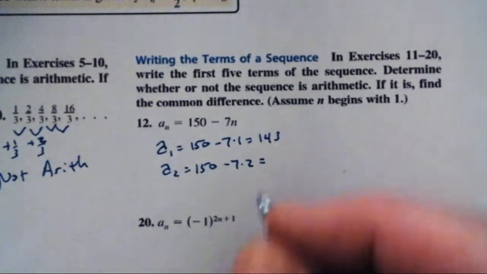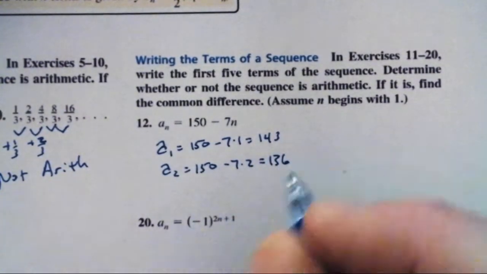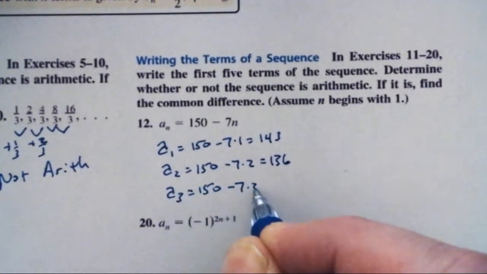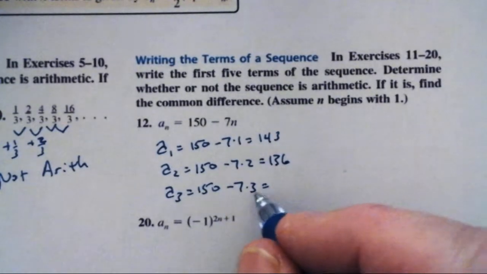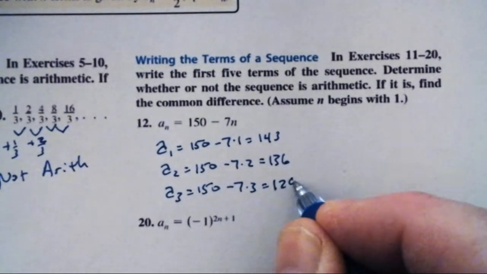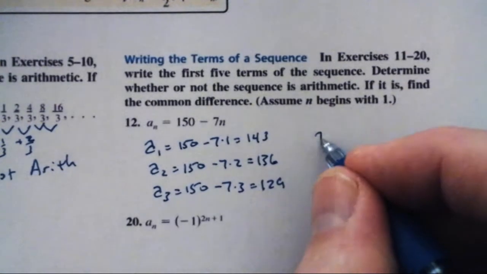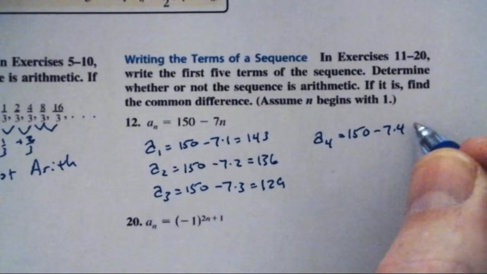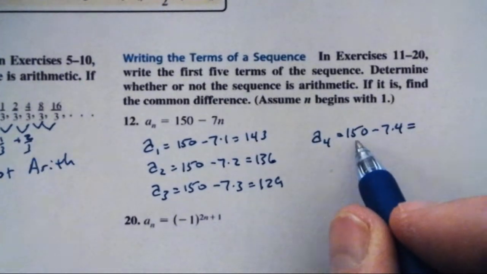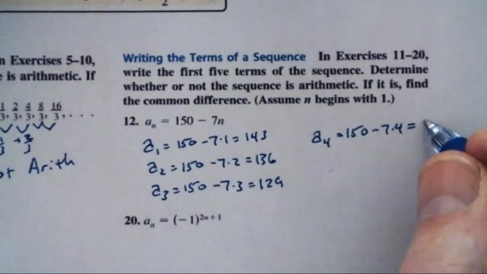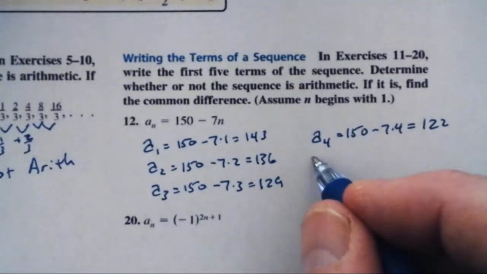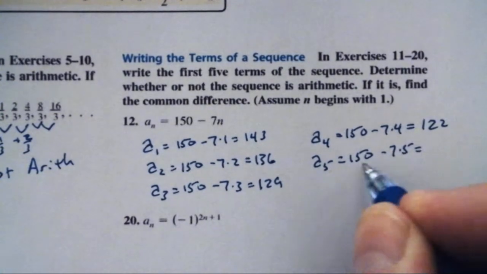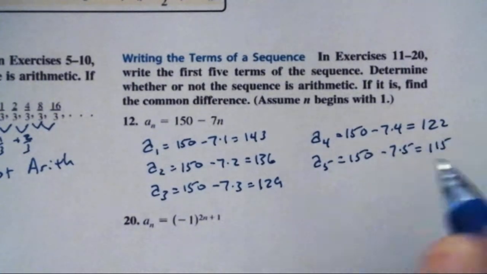That's 150 minus 14, 136. a3 is 150 minus 7 times 3. 150 minus 21, 129. a4 is 150 minus 7 times 4. 150 minus 28, 122. And a5 is 150 minus 7 times 5, 150 minus 35, 115.